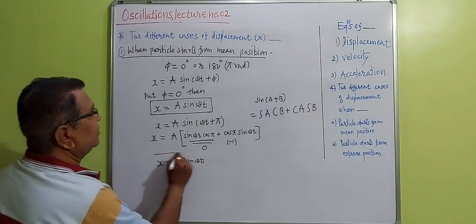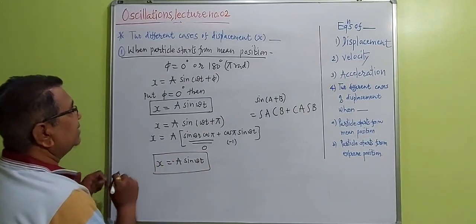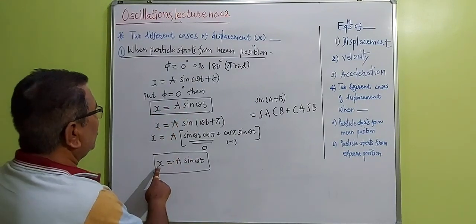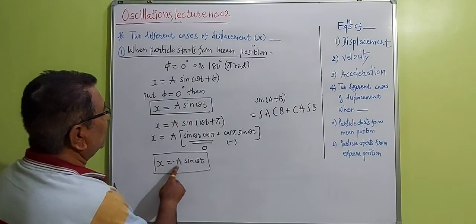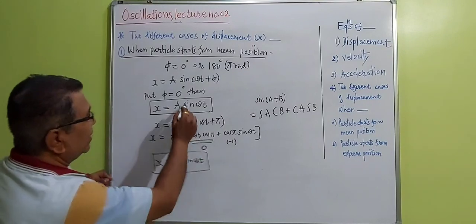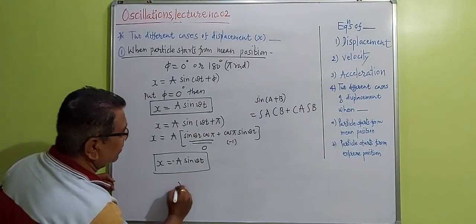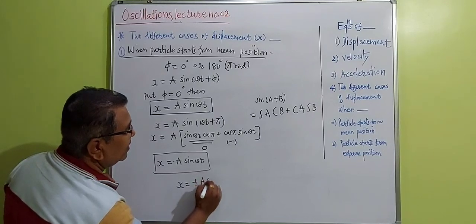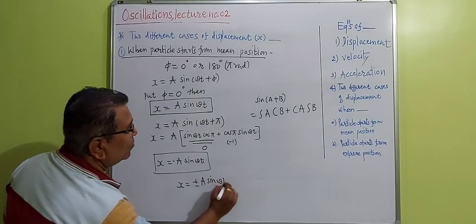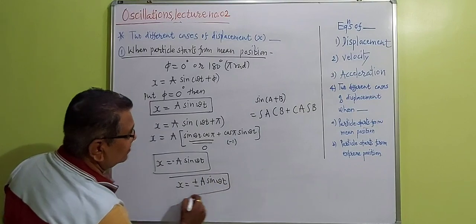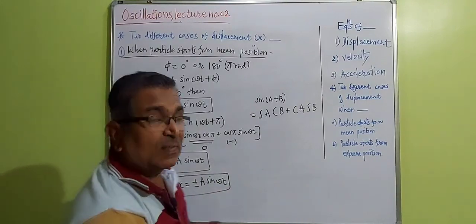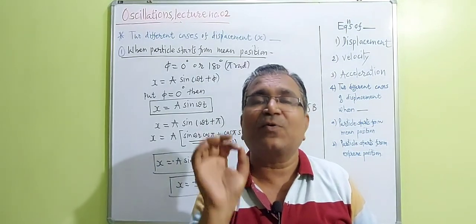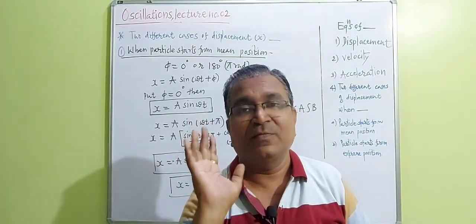So either the equation x is equal to A sine omega t, or x is equal to minus A sine omega t. By combining these two equations, x is equal to plus or minus A sine omega t. This is the equation when the particle starts from mean position.